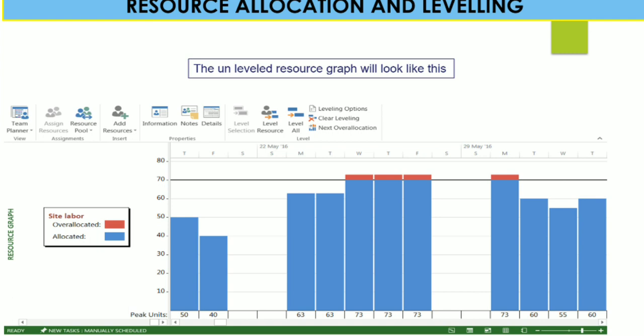The unleveled resource graph looks like this. You can see that some of the site labor is over-allocated. You can use the clear leveling and leveling options for resource leveling.